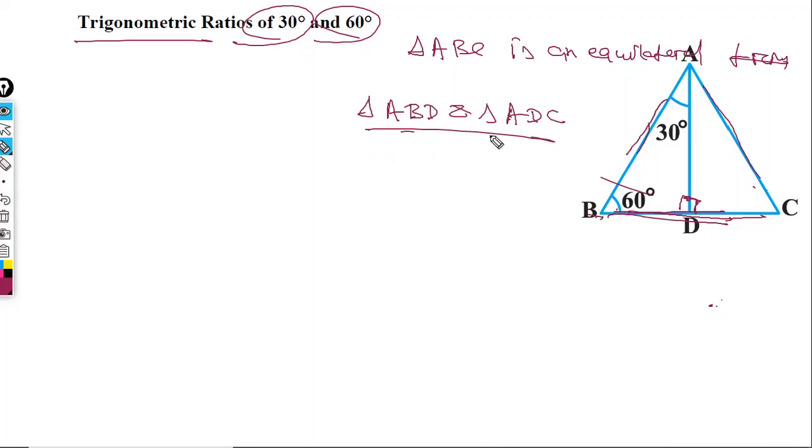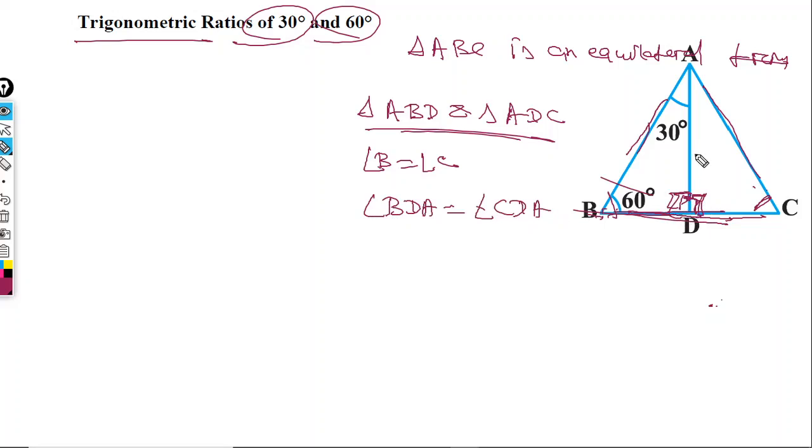In both triangles angle B is equal to angle C, and angle BDA equals angle CDA, that means 90 degrees.